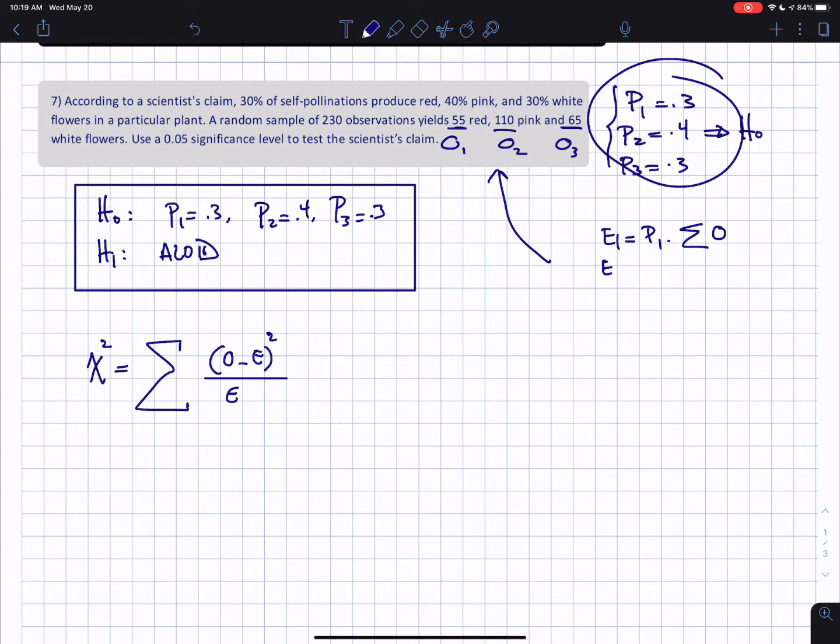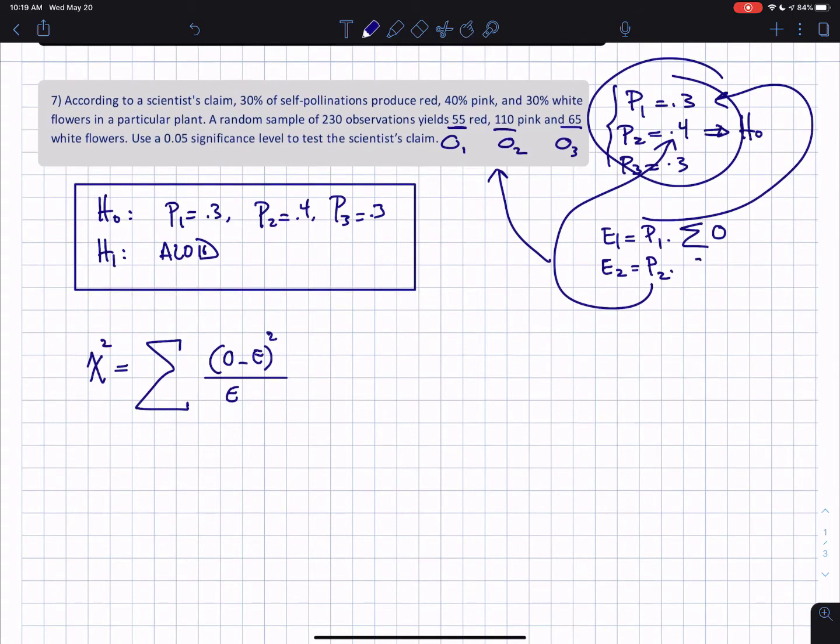My second E is the second P times the same sum, and when I say first P, second P, I'm talking about the P's from the null hypothesis. So my first P is 0.3, my second P is 0.4, my third P is 0.3. So my third E will be P3 times the sum of the O's.